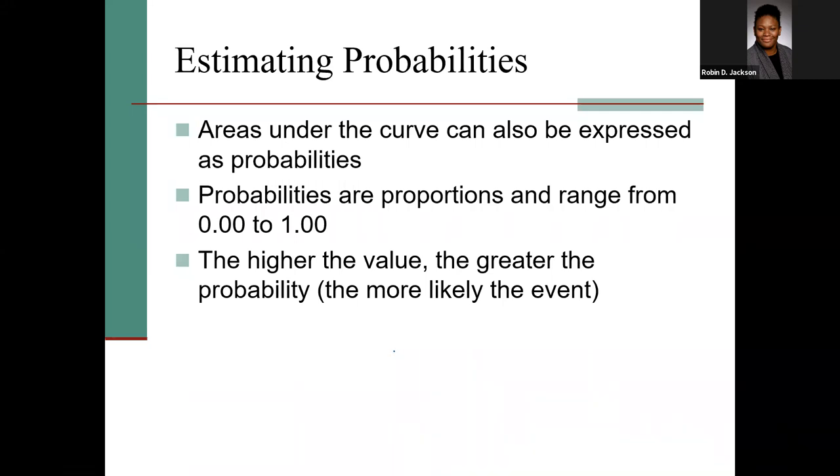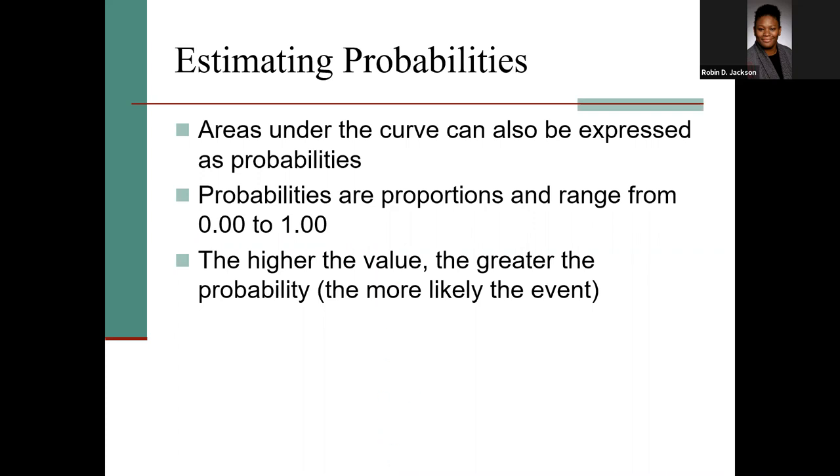So you've already been exposed to some of this. You've been exposed to proportions already. And that's essentially how we deal with probabilities as it relates to the normal curve. Again, in social sciences, we tend to gravitate toward expressing probability as proportions.